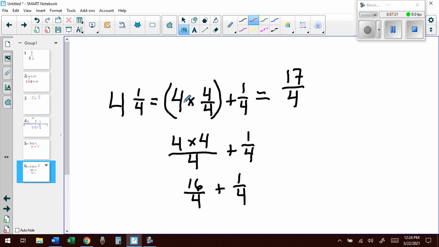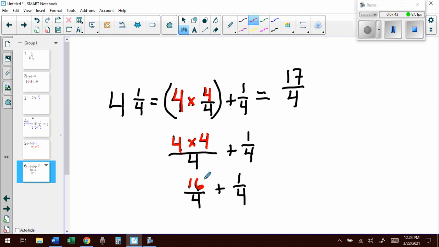So right here we did the whole number times the numerator, and we kept our denominators the same. 4 times 4 equaled 16, and our denominator was always 4ths.